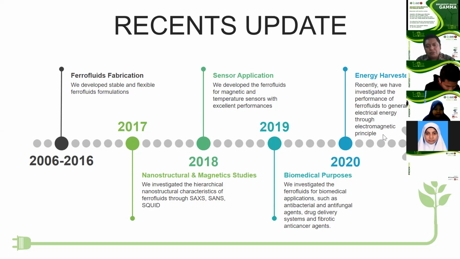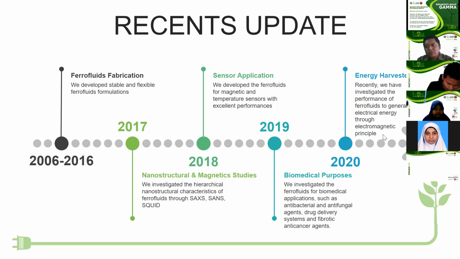Here, we would like to show that at the atomic scale, we investigated the hierarchical nanostructure in 3 dimensions using small angle X-ray scattering and also small angle neutron scattering. Why do we use this method? Because ferrofluid consists of a filler of magnetic particles in nanometric size, covered by some surfactant, dispersed in various liquid carriers.